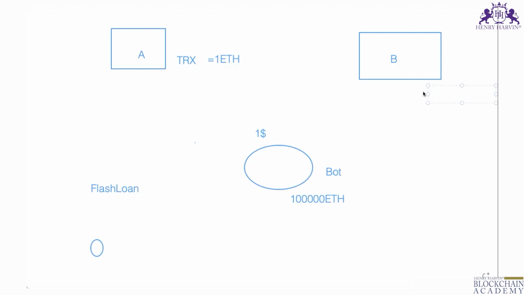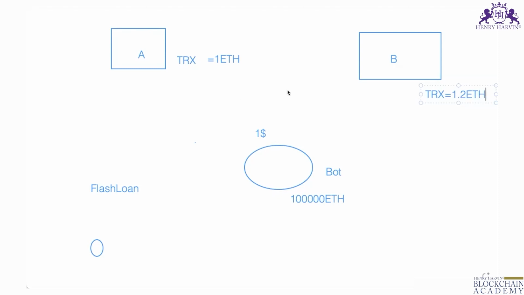On the other exchange, one TRX price equals 1.2 Ethereum. So there is a price difference of about 0.2 Ethereum. Assume that this is the price difference. You can buy a TRX coin from this exchange by giving 1 Ethereum.